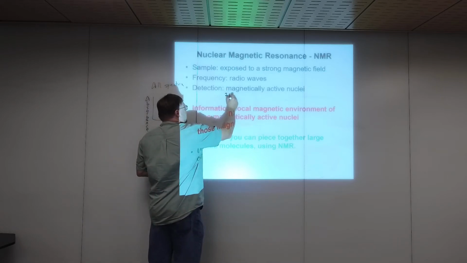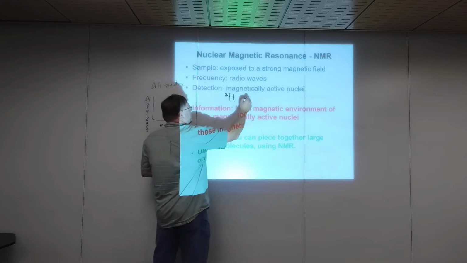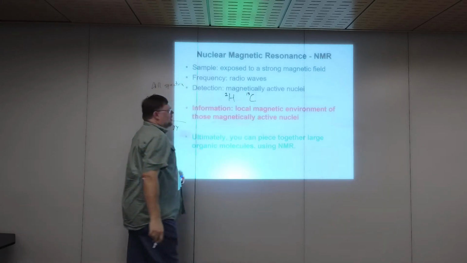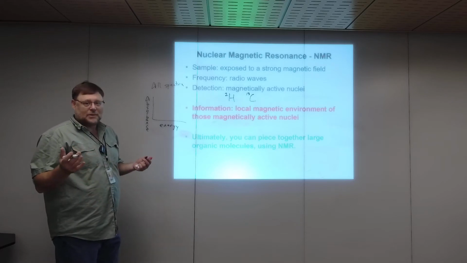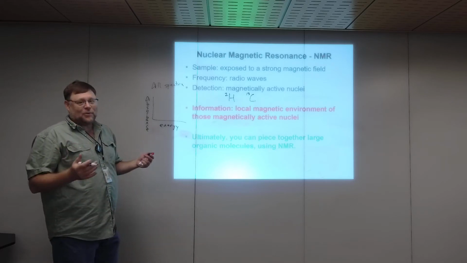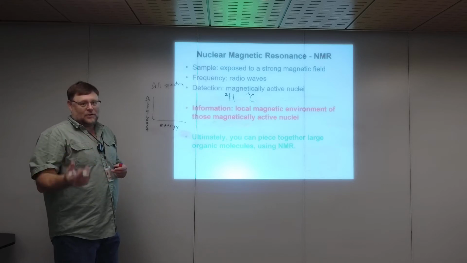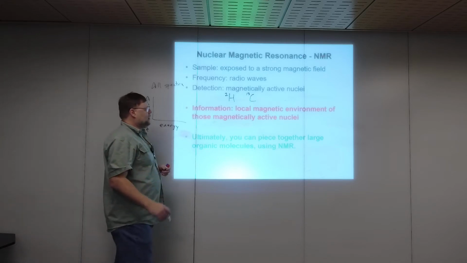That's going to be protons. And so these are the only two we'll consider in this class. Protons, H's. 99.85% of hydrogen on Earth are simple protons, no neutrons in the nucleus.